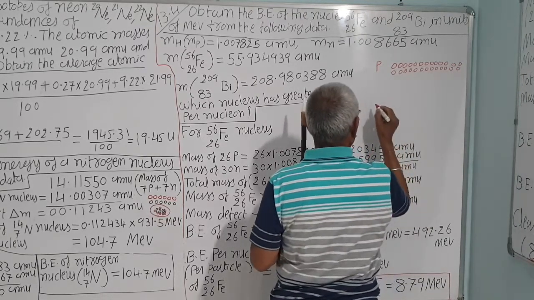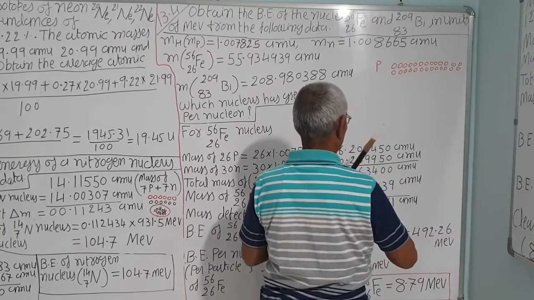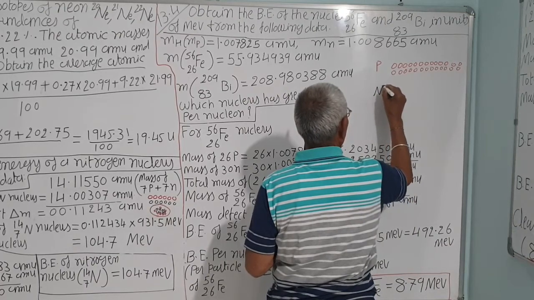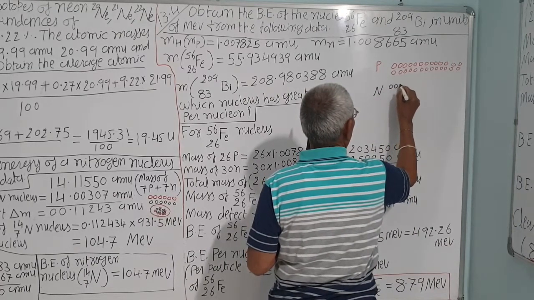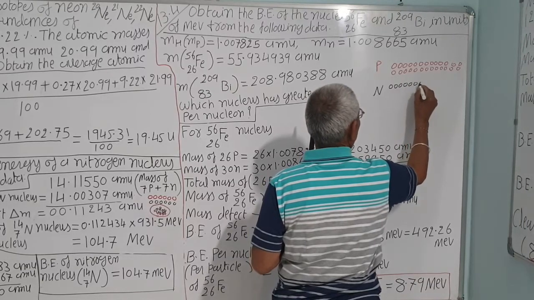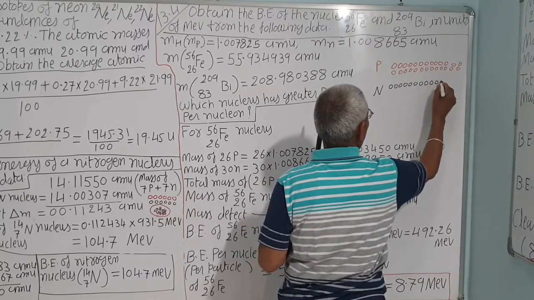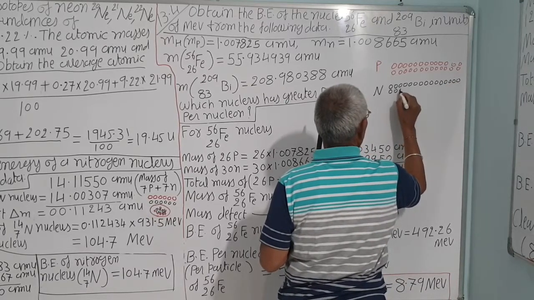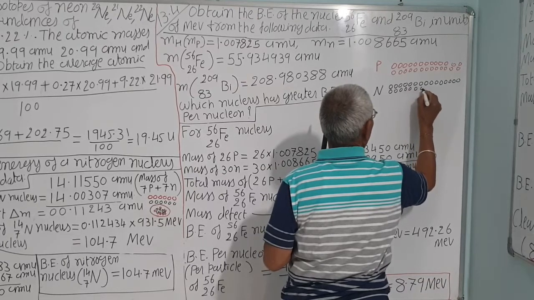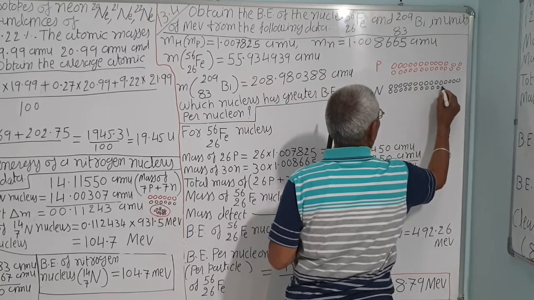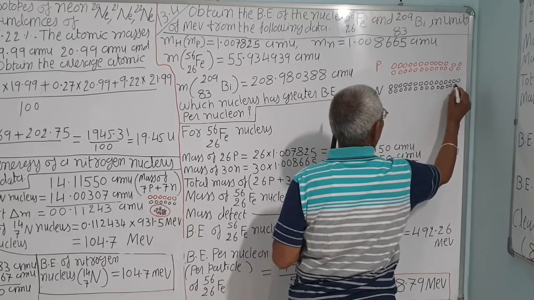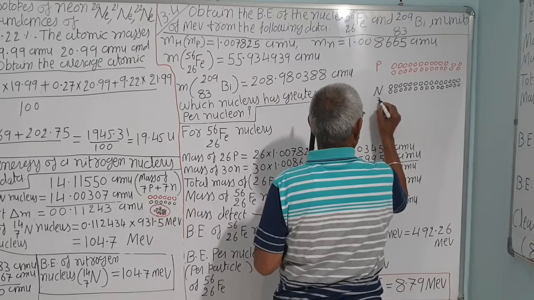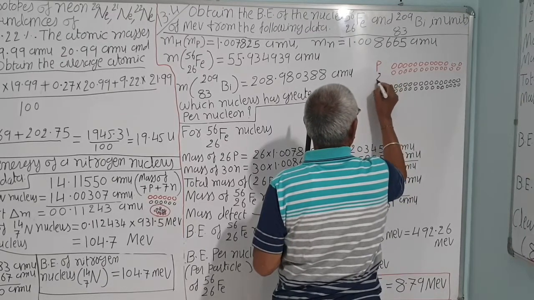These are protons. The remaining are the neutrons, 1, 2, 3, up to 30. These are 30 neutrons and these are 26 protons.